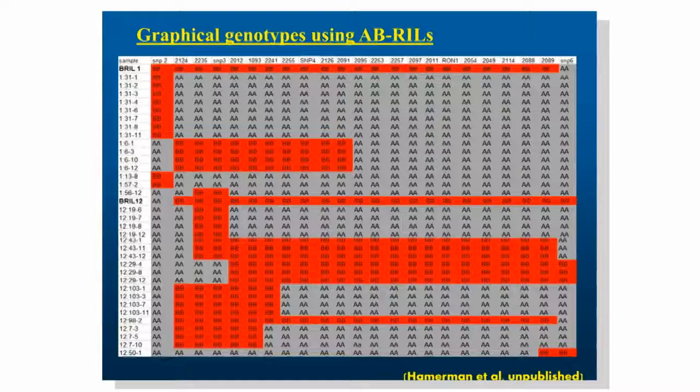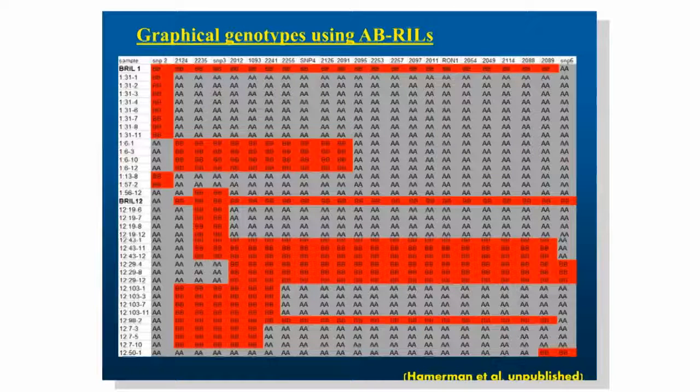So we have markers from this region now, but we also need to validate them. This is the graphical genotypes of the secondary AB RILs that we are using for the QTL region. You can see that those markers make genetic sense because they are mapping the original near-isogenic lines.